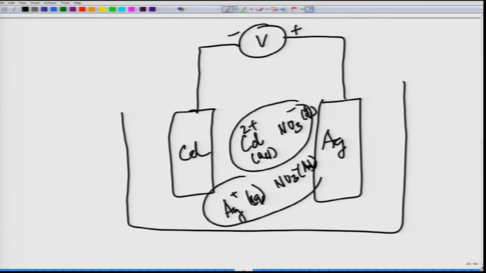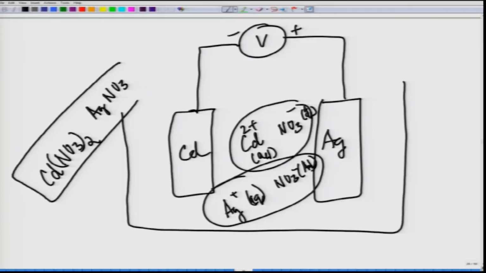So, I am now having two electrolytes which are mixed together. In this situation the solution contains Cd(NO3)2 and AgNO3. Okay. These are the two solutions, or in other words these are the electrolytes.